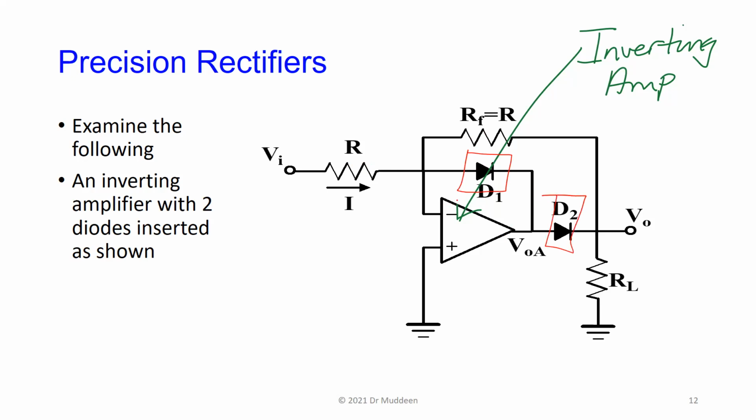And as we saw, if here is negative, because it's an inverting amplifier, it turns here on positive, right? Then a positive bias here will turn this diode on, but reverse bias this diode.